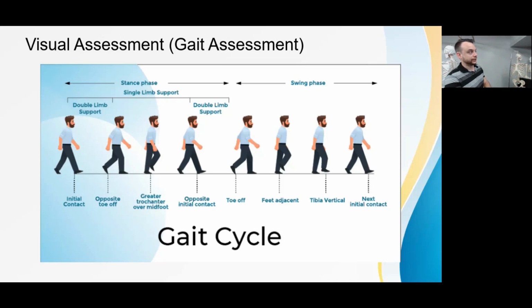We have the swing phase here, as we have single leg support and the leg is now crossing over for the heel strike of the opposite foot, toe off of the same side foot, and then essentially it just repeats on the other side towards the next heel strike.